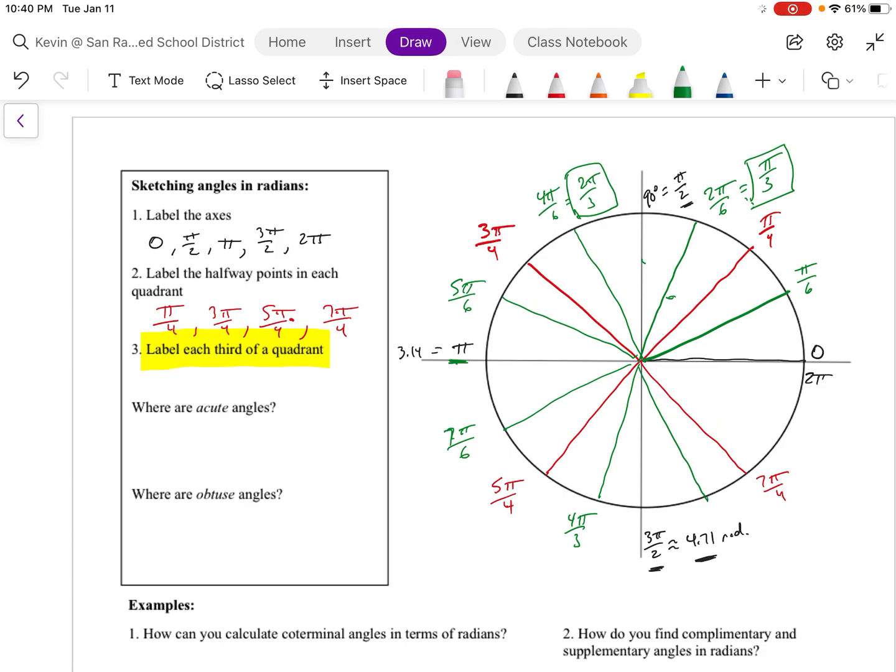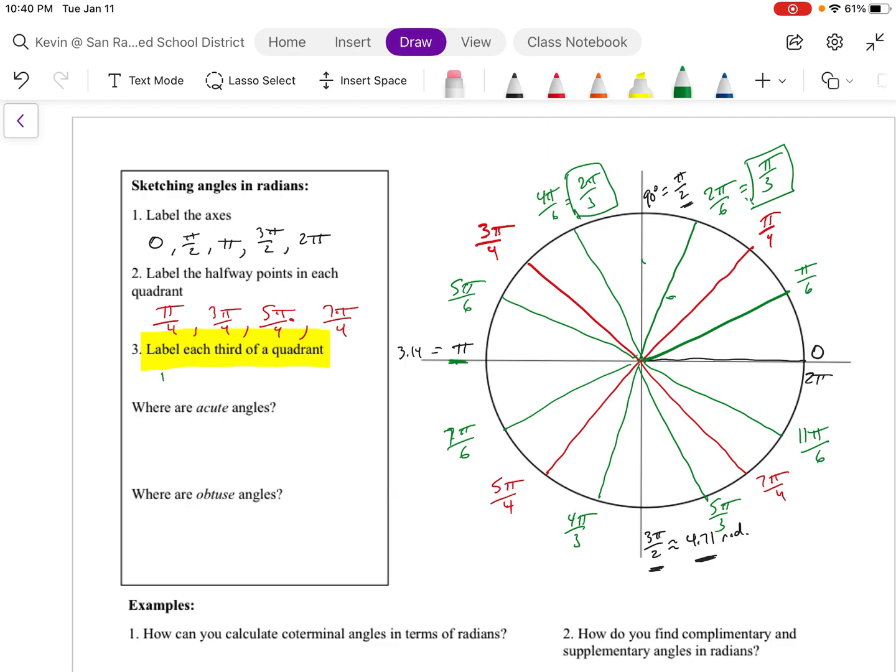Almost done. This would be 9 pi over 6, which is 3 pi over 2. Then we have 5 pi over 3, which is the same as 10 pi over 6, just reduced down. And then our last piece here is 11 pi over 6.